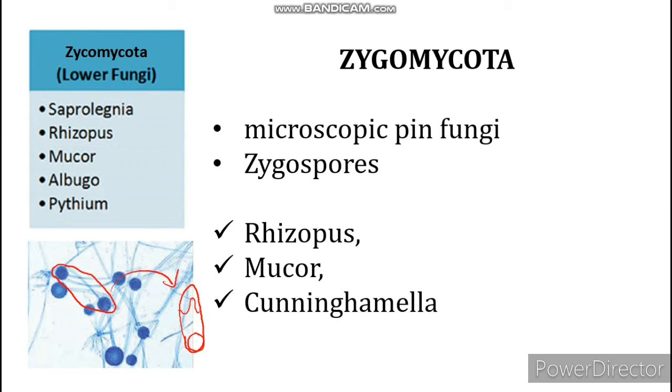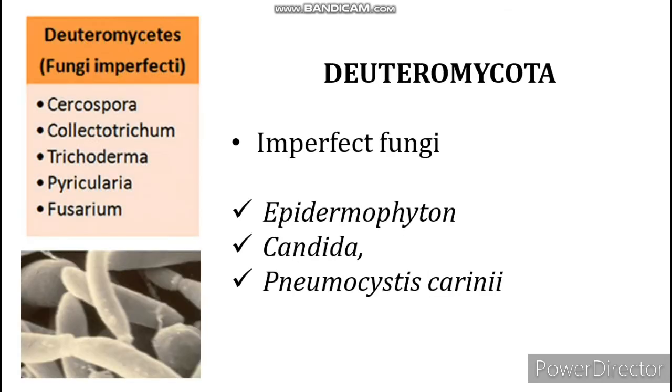So anyways, examples of Zygomycota are your Rhizopus, your Mucor, and your Cunninghamella. And your Deuteromycota is the only imperfect fungi. Examples of this one are the Epidermophyton, Candida also, and Pneumocystis carinii or Pneumocystis jirovecii.